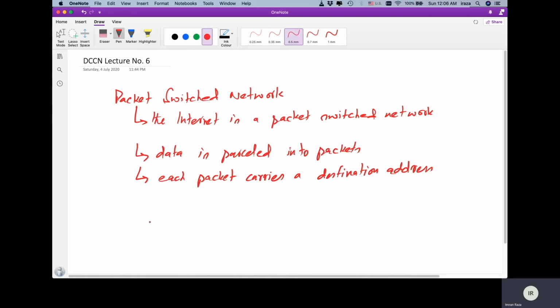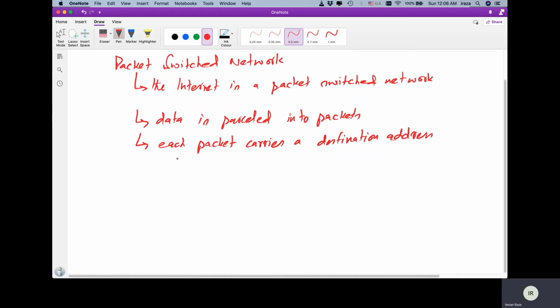And most importantly, each packet is routed independently.